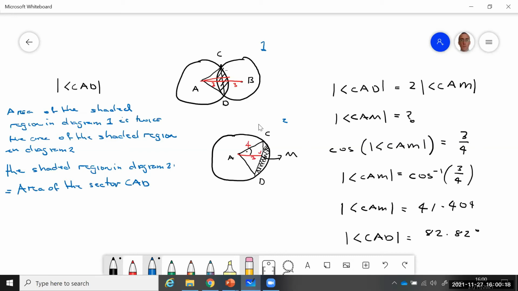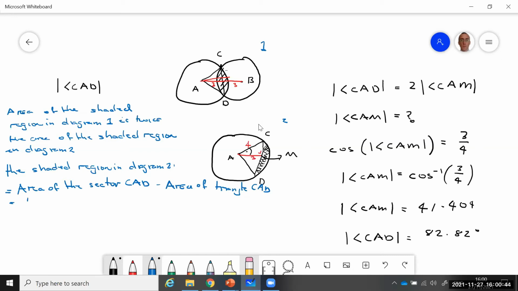The sector CAD is like the pizza slice from that large circle. So it's the one with the curved edge, but we have to subtract from that the CAD triangle to get the shaded area. So area of triangle CAD.